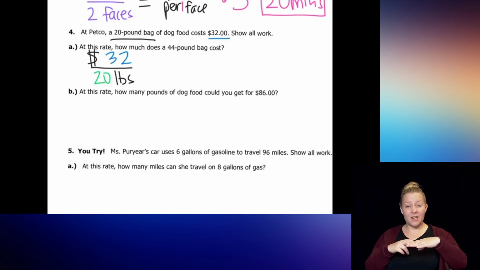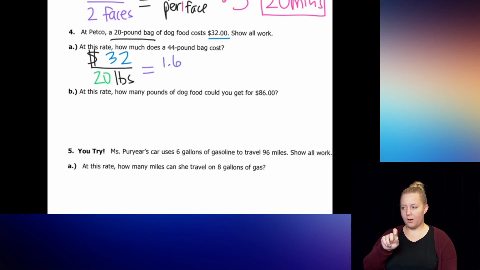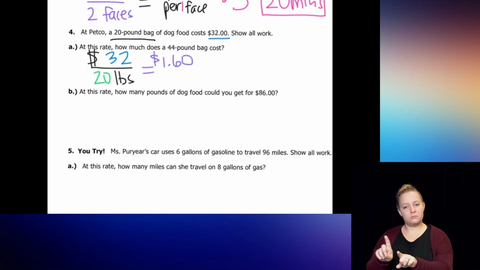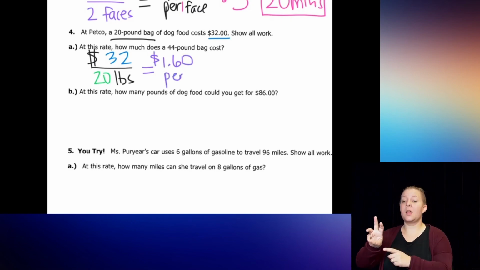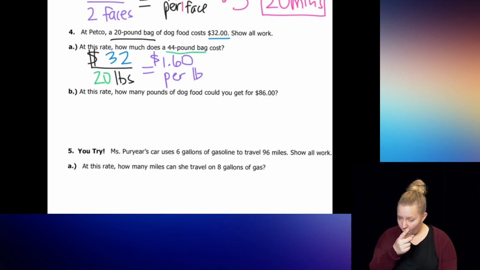When I divide that out in my calculator, I end up with 1.6. But then again, we need our label, so I know that that's dollars, which means that I also need that hundredths place taken care of, so 1.60. So $1.60 per pound. But I don't want just 1 pound. I instead want this 44 pounds.